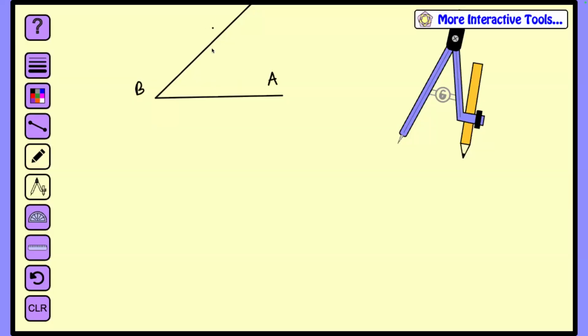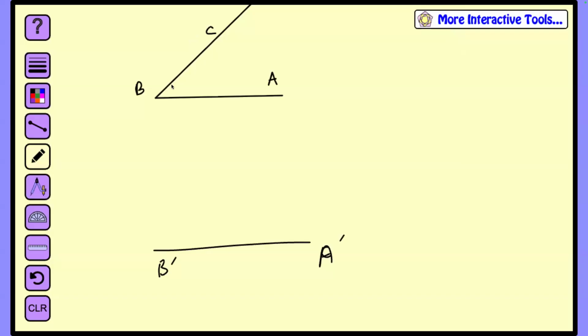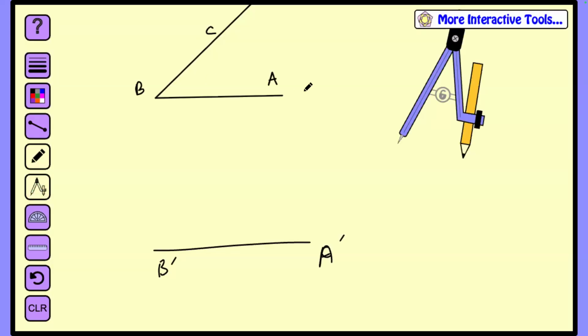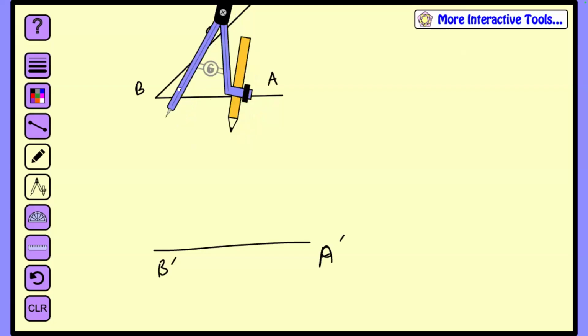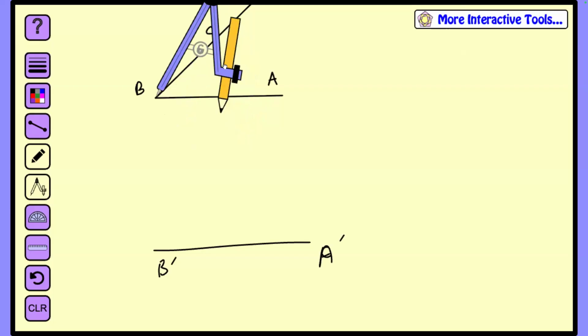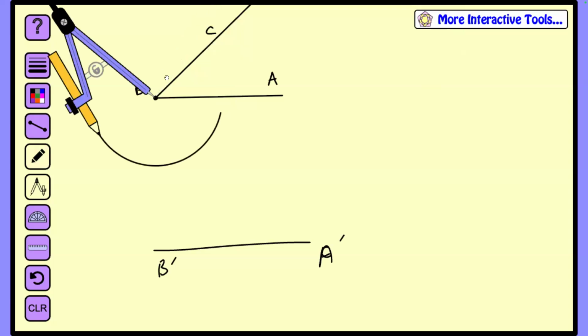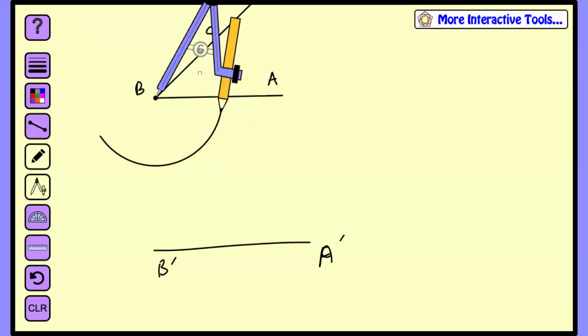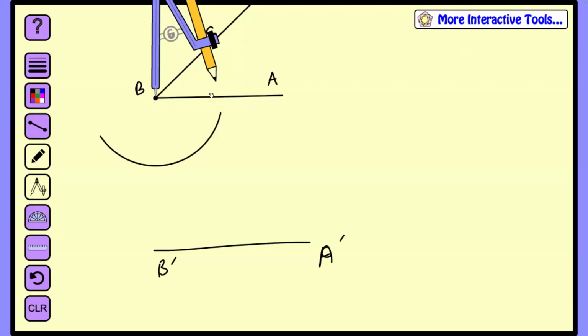A, B, C. Now I'll draw A dash, B dash, a line segment. I have to copy the angle, right? So first I take the compass, place the compass here, then draw an arc. See, the problem is for drawing the arc, you should be able to touch that black color thing on top. Sorry guys, give me a minute.